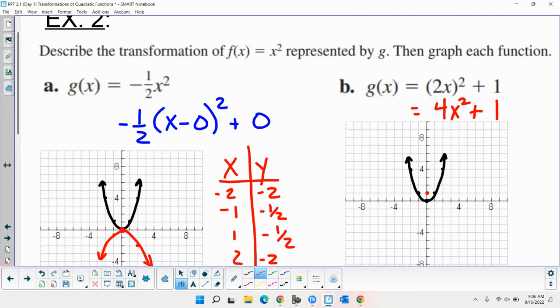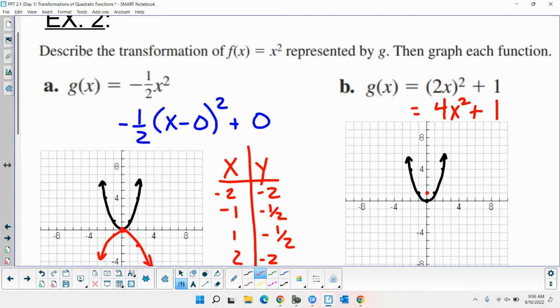Okay? So since it's just the 2 multiplying the x, we talked about that meaning a horizontal stretch or compression. We talked about how you've got to think about the reciprocal.